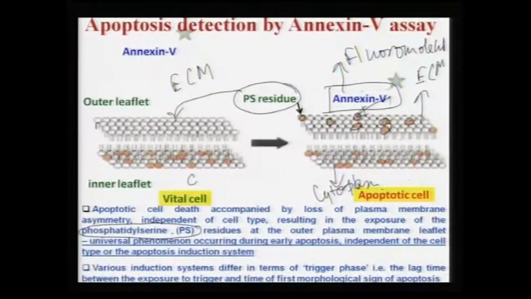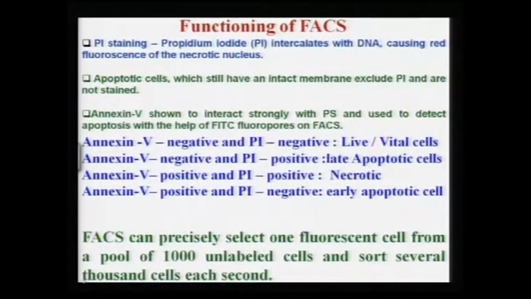Is it clear? Similarly, there is another type of staining agent, propidium iodide. Propidium iodide directly intercalates with DNA, causing red fluorescence of the necrotic nucleus. If propidium iodide is negative, it is live cells.